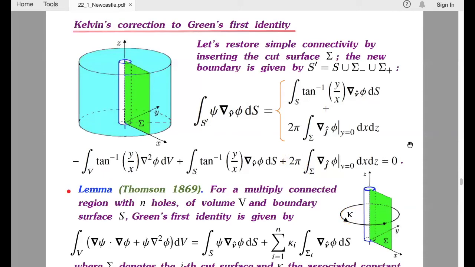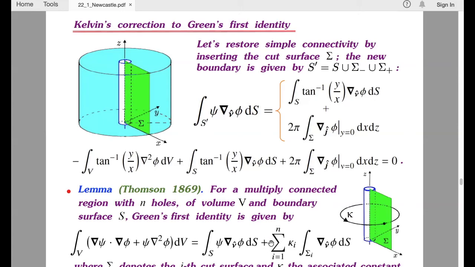Okay, so by this we can put in a lemma the words of Kelvin. For a multiply connected region with n holes, of volume V and boundary surface S, Green's first identity is given by this form, where you recognize the first part is just the original Green's identity, and this correction.